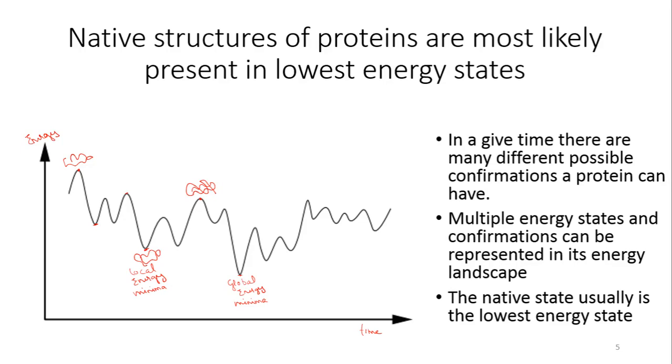Now I hope you understand what is local energy minima and what is global energy minima. The global energy minima corresponds to the lowest free energy state of the given protein structure. Now you are comfortable with the concept of local energy minima and global energy minima.